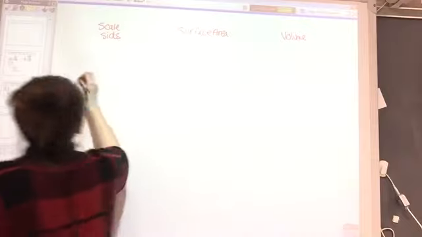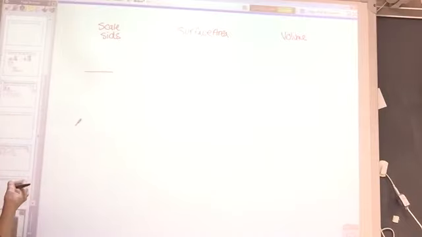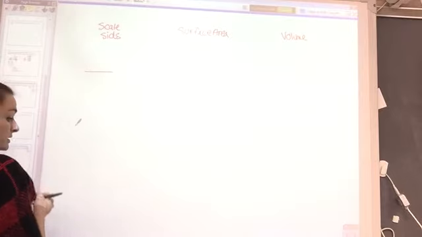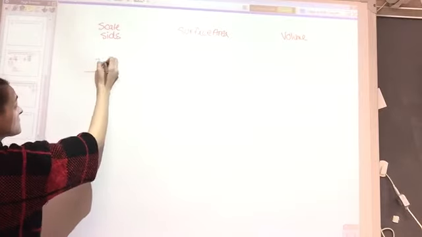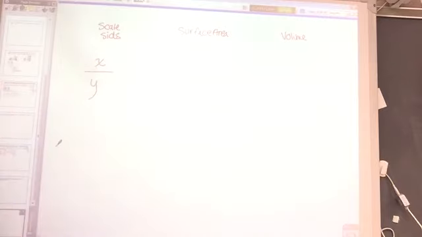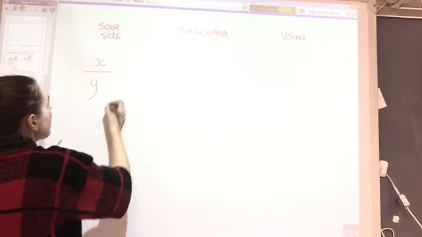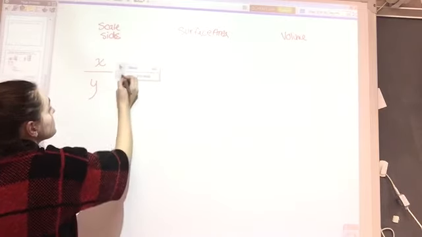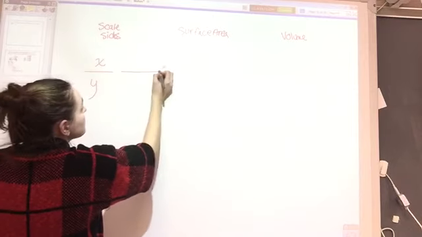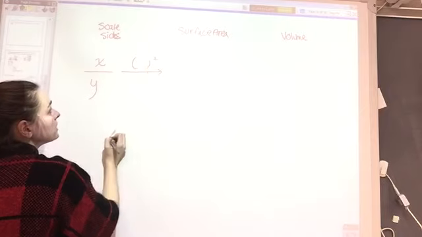So I want to figure out how to go between them, okay? So we've got this general formula of scale factor, let's say it's x and y, okay? It doesn't really matter. I'll do it with numbers in a second. But again, if I wanted to go from scale factor of the sides to surface area, I'm going to square it.